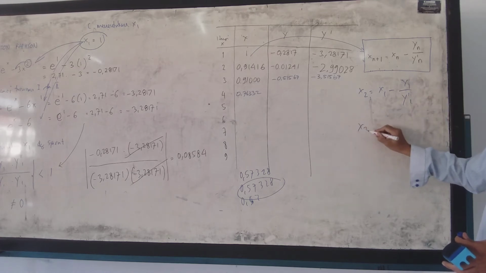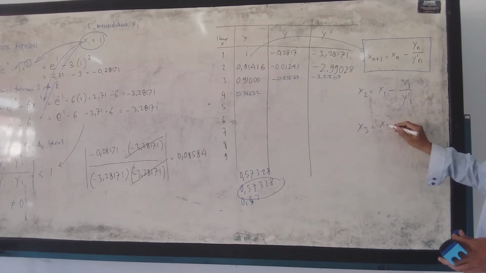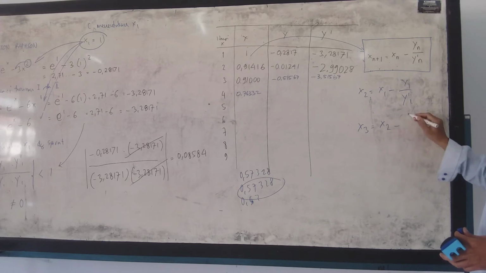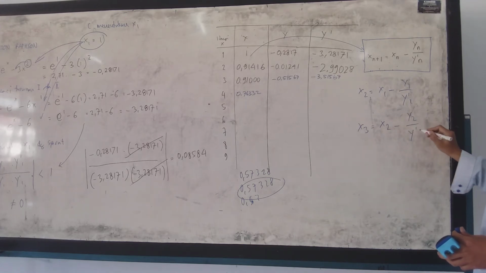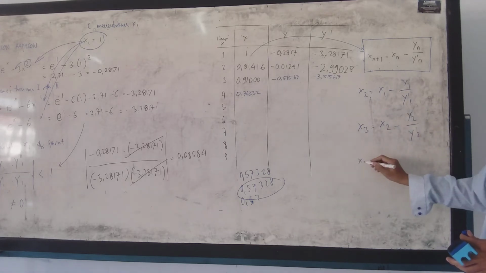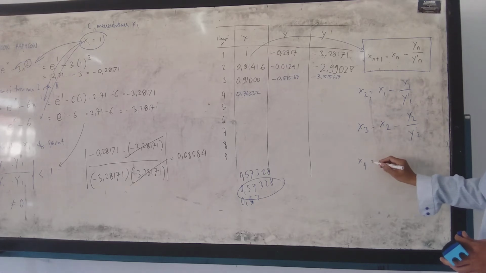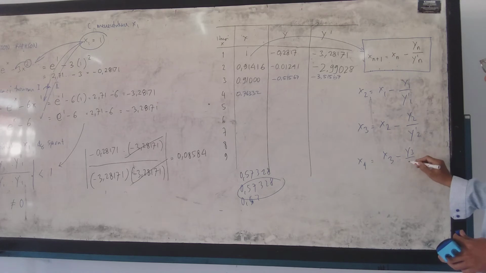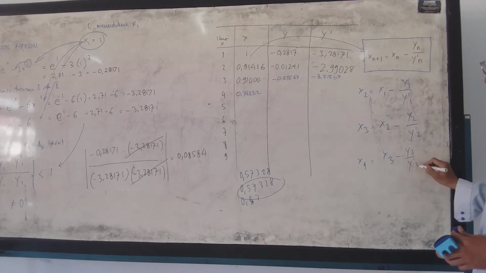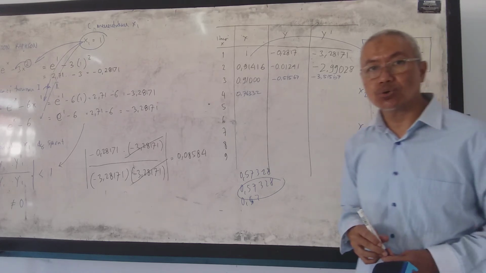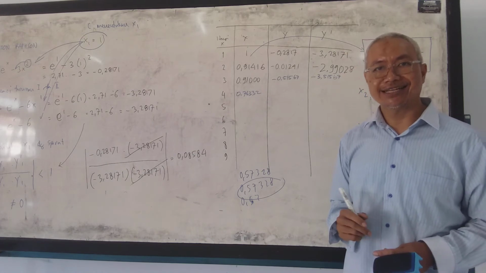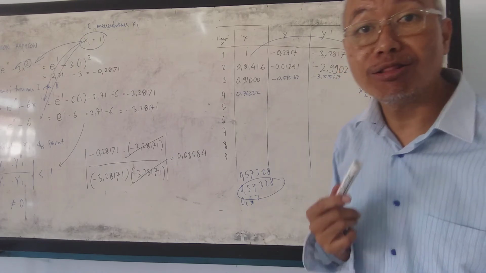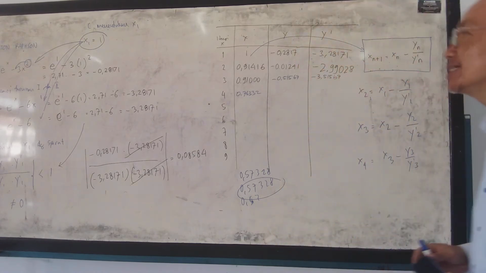And then for finding x3, we use x2 minus y2 per y'(xn 2). For x4, we will use x3 minus y3 per y'(xn 3) and so on. So it's understandable.